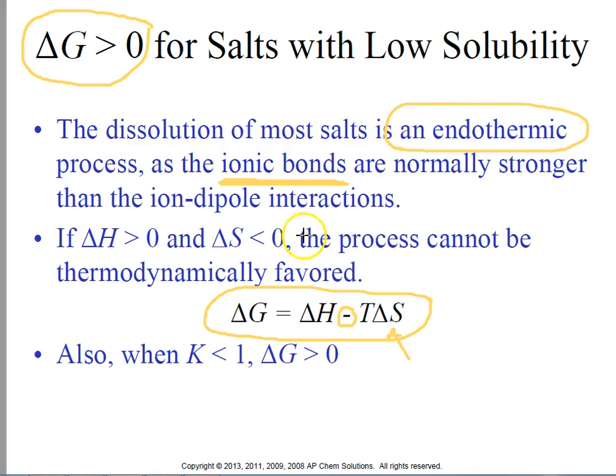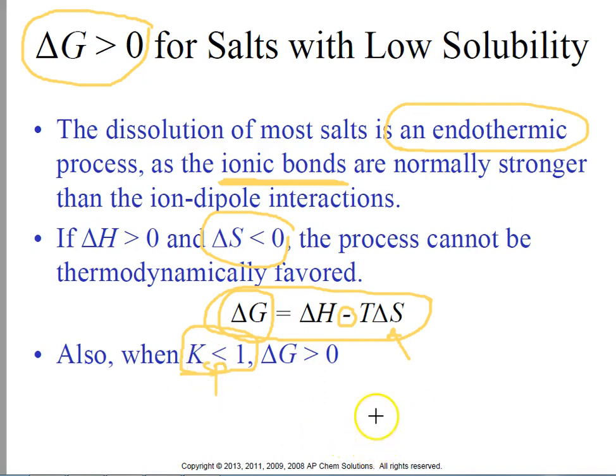So we've got endothermic processes breaking apart the ionic salt. If the delta S is also negative, like we saw before with those small ions with large charge, then there is no way that the process can be favored. So delta G will end up being greater than 0, or delta G will be positive. Therefore, the K value will be less than 1. And that K value is your KSP.